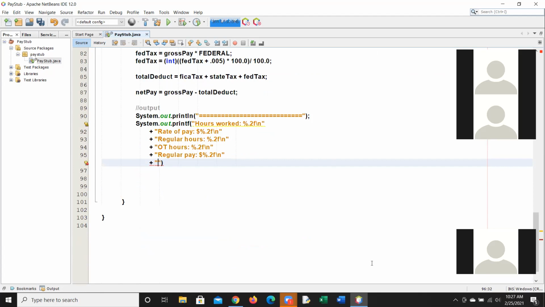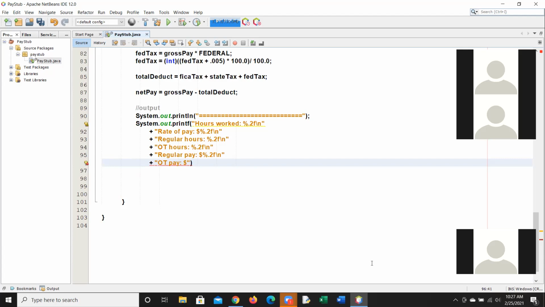And then regular pay, overtime pay, regular pay, and then OT pay will be $ sign. Now you could do System.out.print, these could all be separate System.out things. I'm just making them one big one.